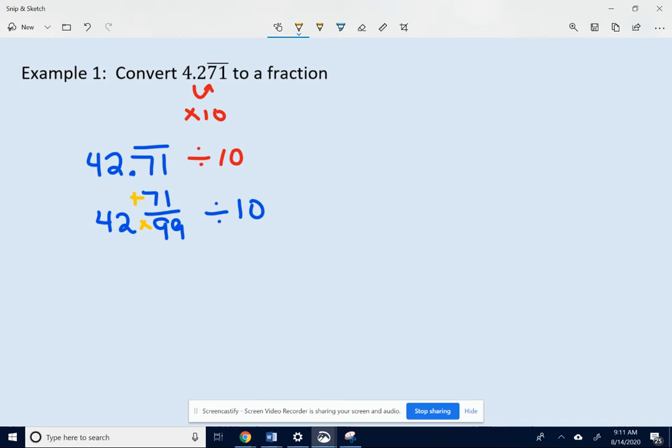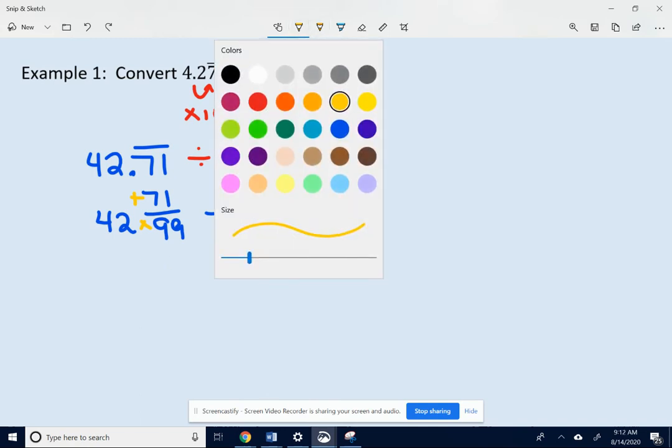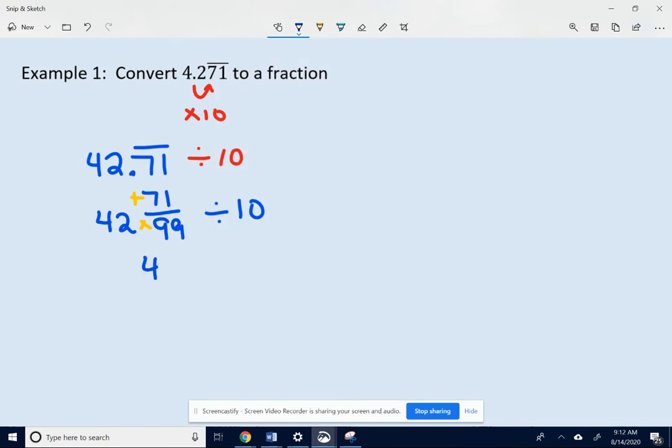I'm taking 42 times 99, and then I'm adding 71, and I'm getting 4,229. Let's just see that better. 4,229 over 99. Okay, multiply, add, drag.